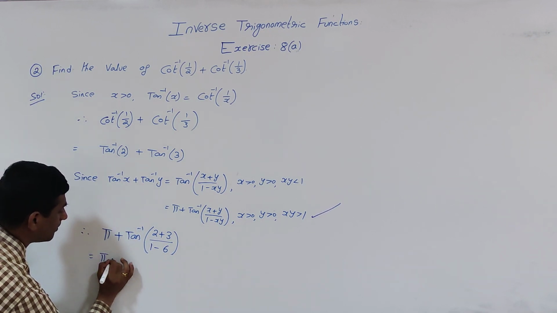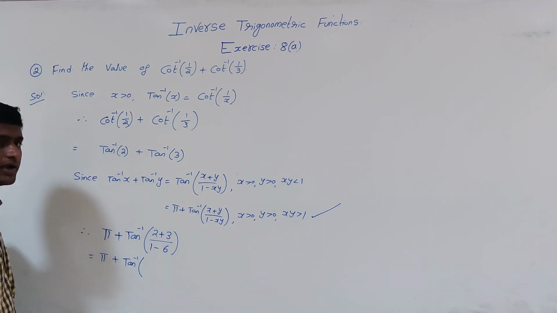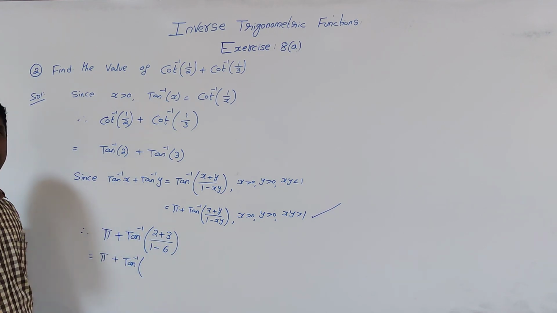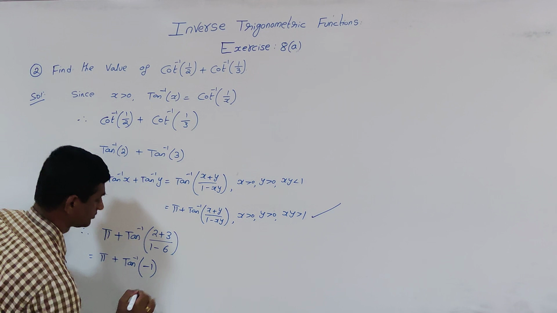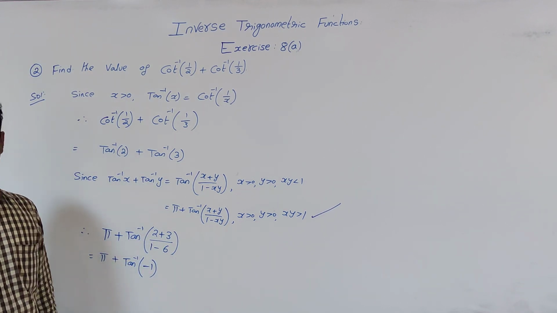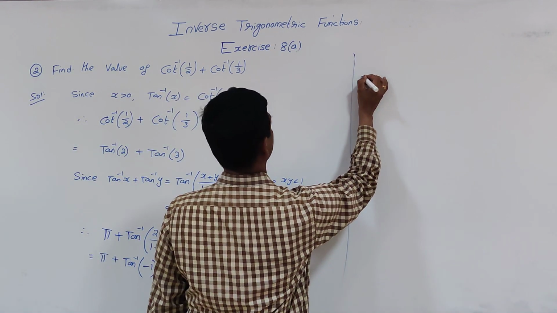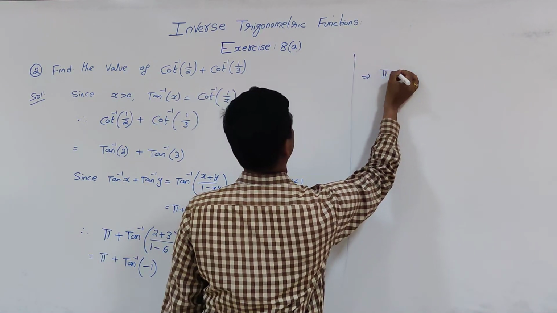So pi plus tan inverse of (2 plus 3 is 5, 1 minus 6 is minus 5), so it gives minus 1. It is in the form of tan inverse of minus 1. So what is tan inverse of minus 1?